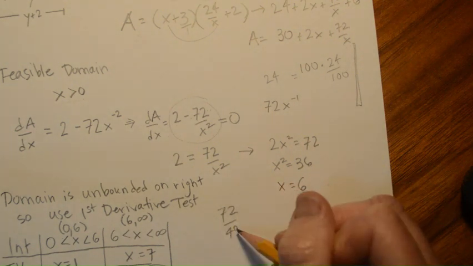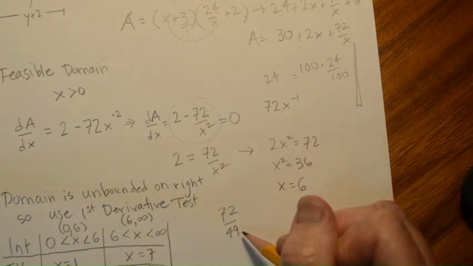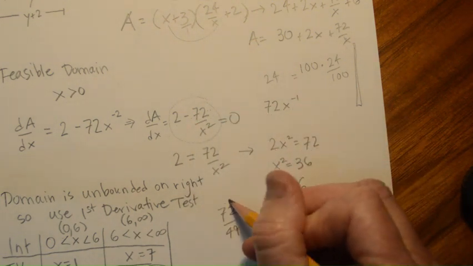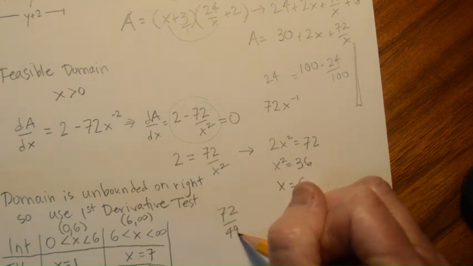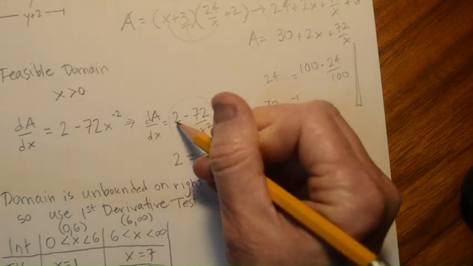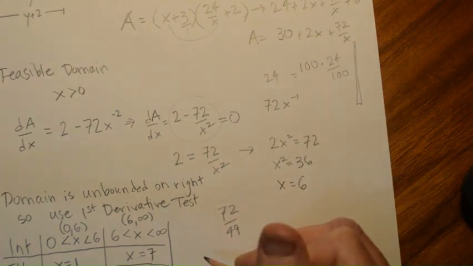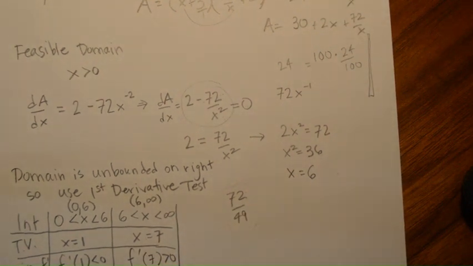In order for it to be 2 or bigger, to get this to be 0 or negative, this would have to be greater than 98, right? Because 98 is twice 49. So this is a fraction that is between 1 and 2. So when I do 2 minus something that's between 1 and 2, I'm going to get a positive number. So here f prime of 7 is greater than 0, right?